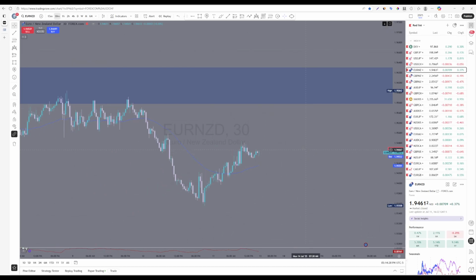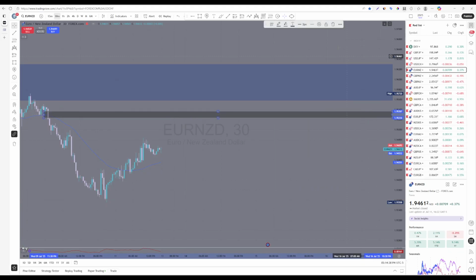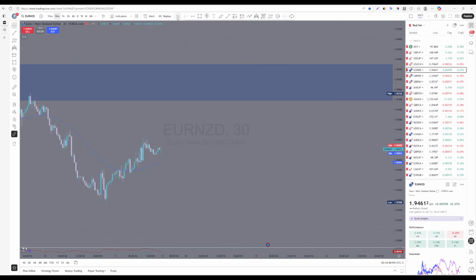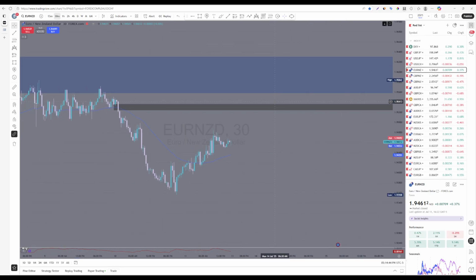This one, I don't really care for it until I want to say here, because this is a pullback point here. I want to see some type of respect in here. This is a pullback.